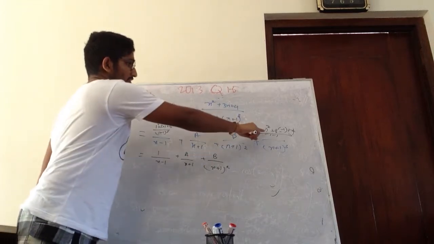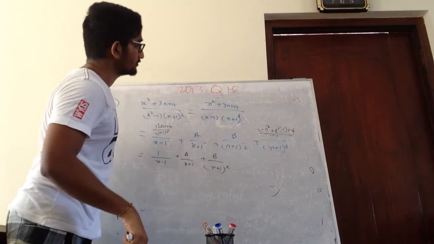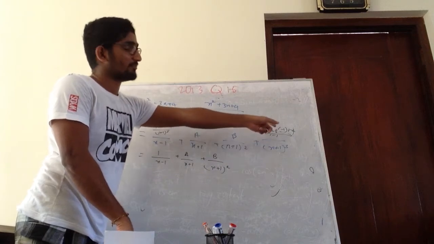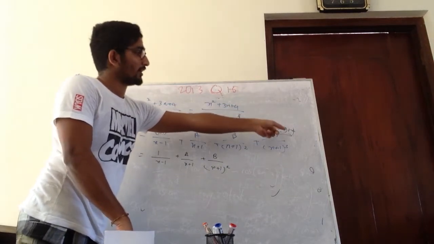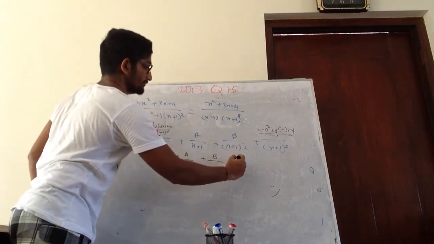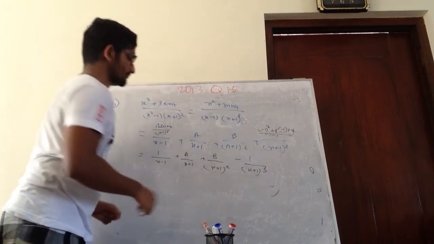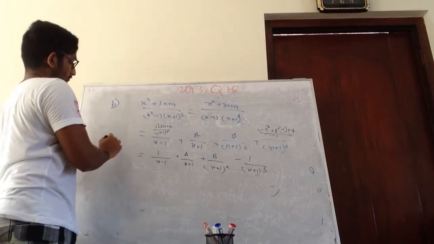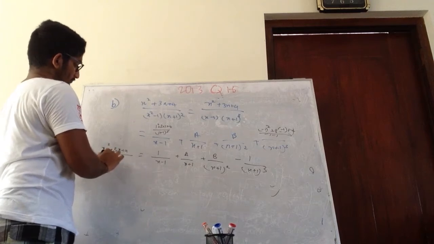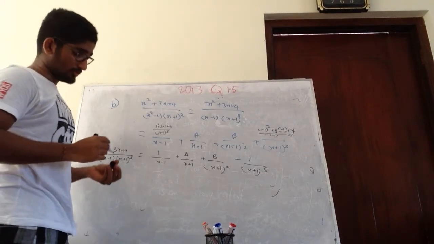So minus 1 squared is plus 1, plus 1 minus 3 is minus 2, minus 2 plus 4 is plus 2, and this is minus 2, so this is going to be minus 1. Right?